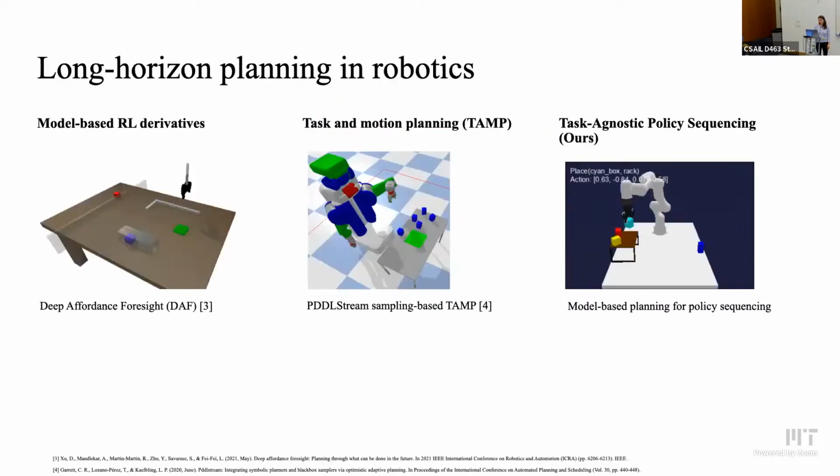Let's look at a comparison to prior work, which includes using model-based RL for orchestrating these low-level primitives, or a traditional TAMP method like PDDLStream. And our work wants to generalize to arbitrary long horizon tasks. What we found is that these RL methods, as I already mentioned, are limited to the training tasks, often to the long horizon training task, while traditional TAMP methods generalize to arbitrary tasks as long as they have the domain.